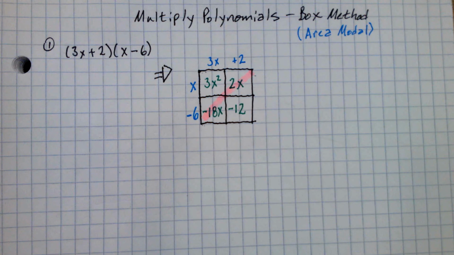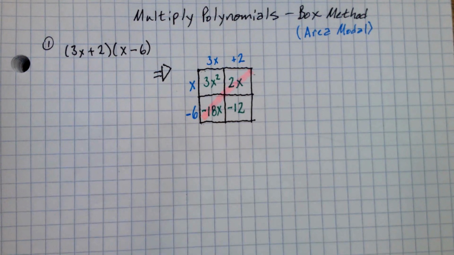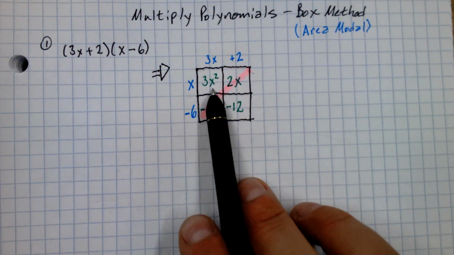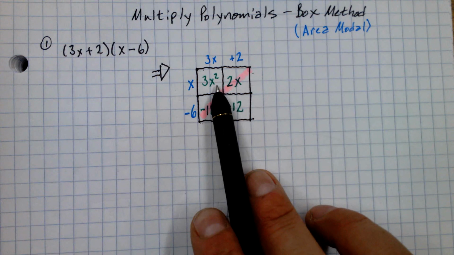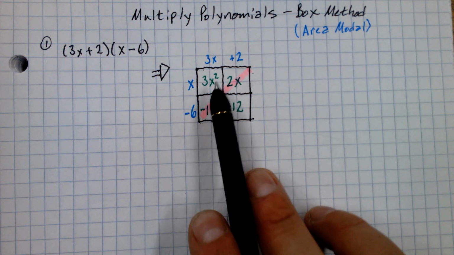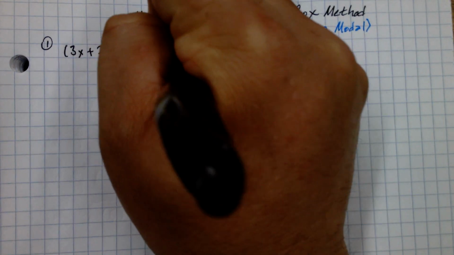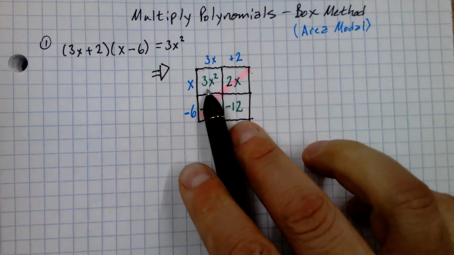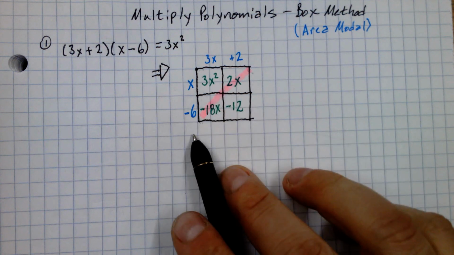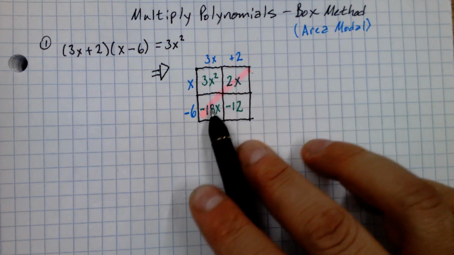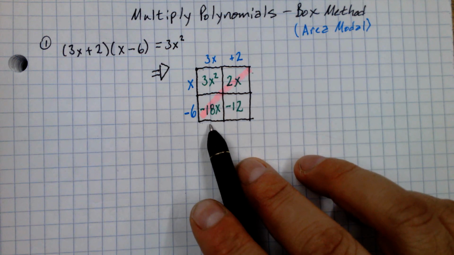Okay, so if we want our product for multiplying these two, it's going to be, well, let's look at what we have inside. You want to start with your highest term, which is 3x squared. Okay, we got that. Now you want to combine, because they're like terms, the diagonal numbers.